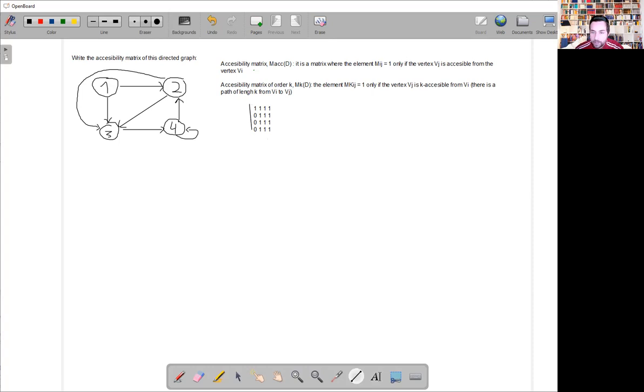So this is one way to calculate it. Let's call this graph D. So this is the accessibility matrix for D.